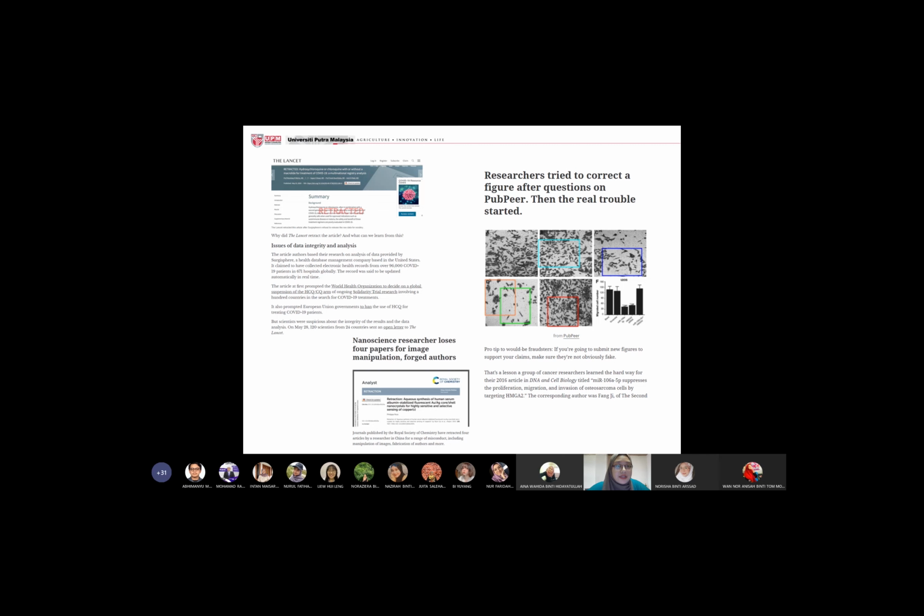And then there's one article, okay, this is fairly recent because it was released very early during the COVID-19 pandemic when it started. The Lancet is a very high profile medical publication, and that's what makes it so high profile, because this paper got through, and actually it has issues on its data integrity and analysis.